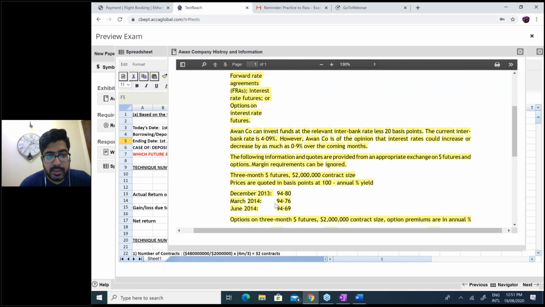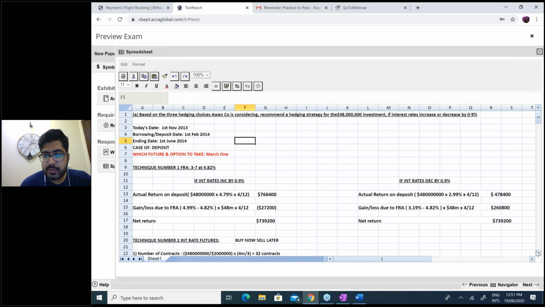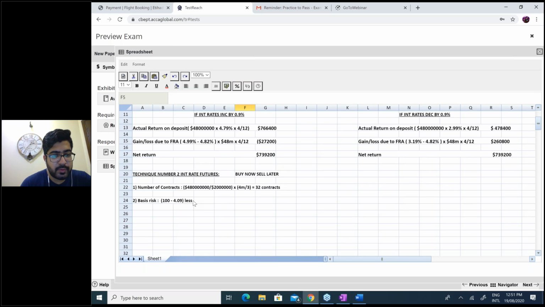The price of March future is 94.76. So spot minus LIBOR: spot is always 100, minus LIBOR, it's 4.09 interbank rate, less futures price. Futures price is 94.76, the March future.